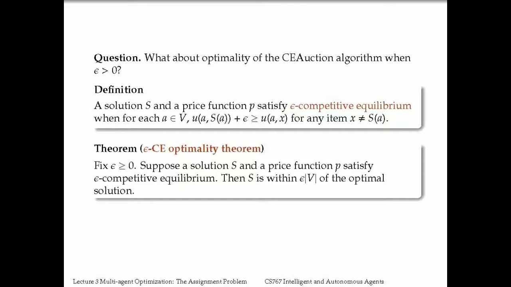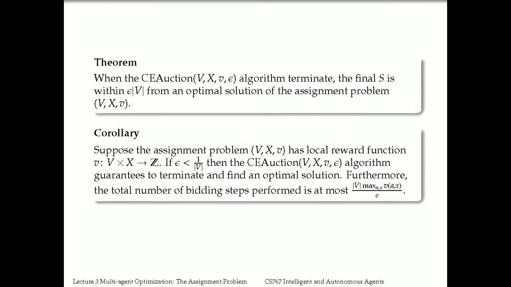And does that mean it's necessarily bad? Well, in certain cases it's not, right? Because first of all, for the CE auction algorithm, when it terminates, we can guarantee that the final solution is within epsilon V from an optimal solution of the assignment problem.